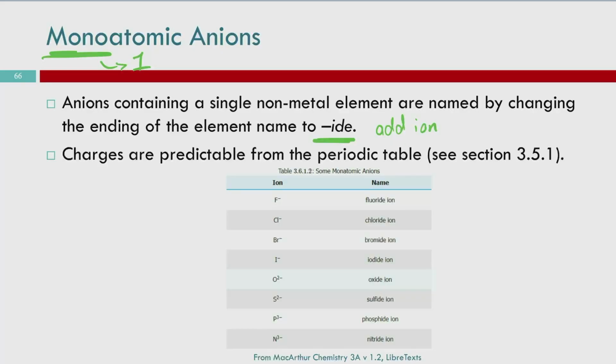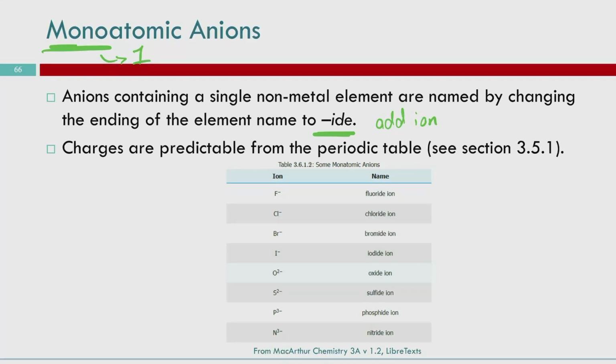Usually you can just change the ending to -ide, and any chemist will know you're talking about the ion because you used the ending of the name that signifies that it's an ion. It's like learning a new language, really. So that -ide ending means it's an ion, and it means that it's just that one thing, it's monoatomic.